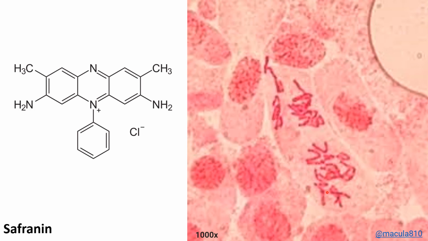No, actually it's too big for bacteria. As you can see, this is the nucleus, and I think this is a dividing cell. So these are actually the chromosomes. I just want to show that safranin has high affinity with the genetic material or the DNA. So these are the chromosomes of dividing cells. It looked like bacteria, but no, it's too big.